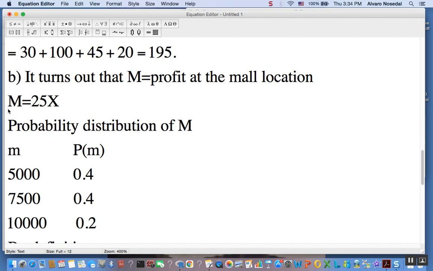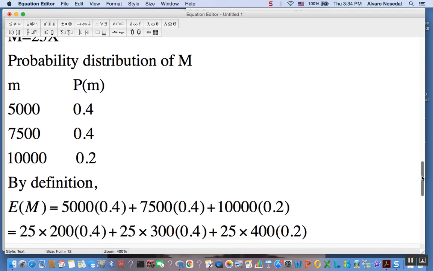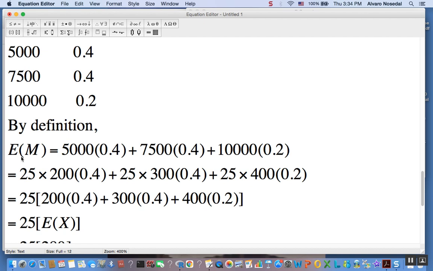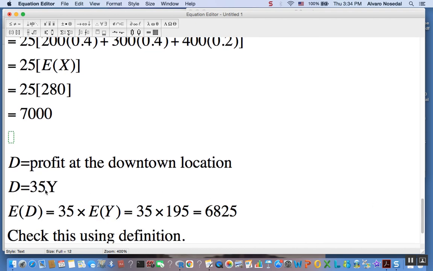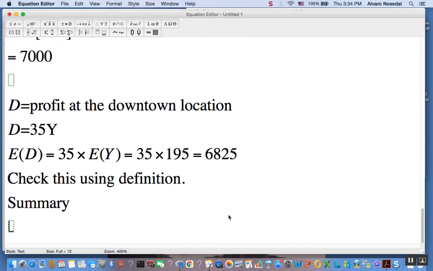And when computing the expected value, what we realize is that the expected value of m is that constant, that 25, times the expected value of x. You will be verifying that for a different value of that constant, for 35. Okay? So anyway, that's the take-home message. Let me write it down like this.